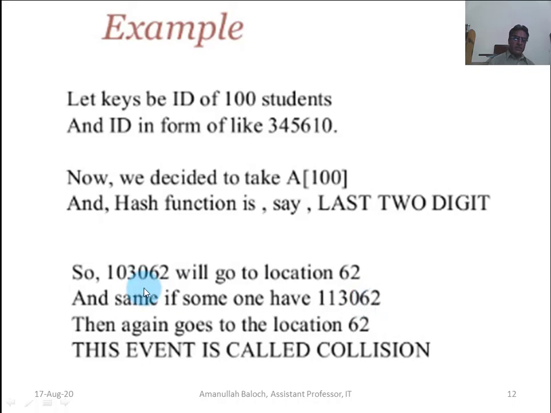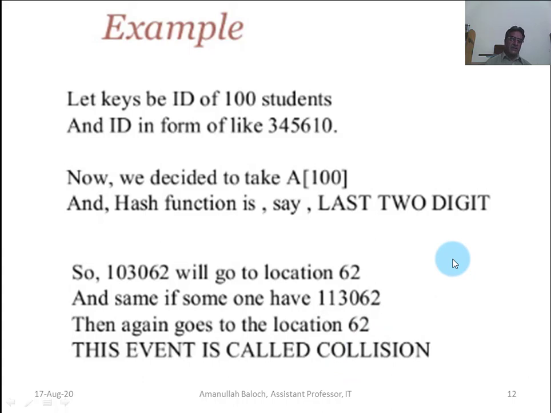So this roll number is a candidate for this index, and the other roll number is also a candidate for this index, but the array contains only one index 62, where only the record of one student can be stored. This problem is called a collision. The second roll number again goes to location 62, and this event is called a collision.